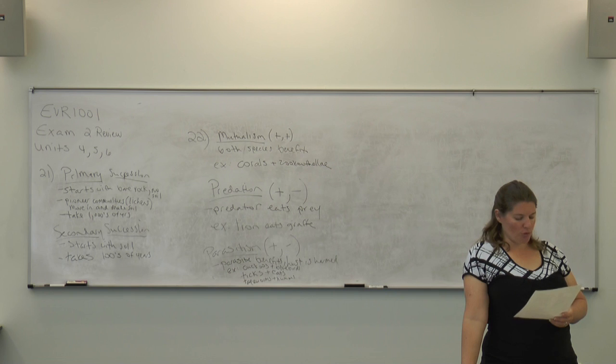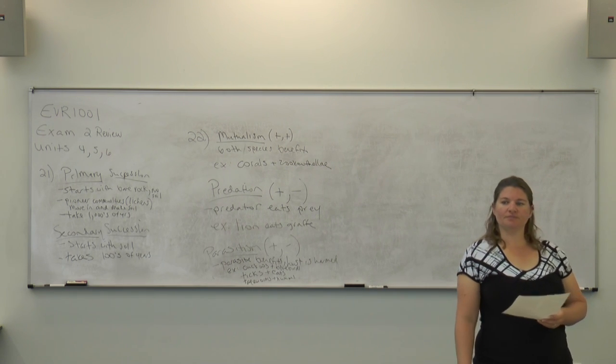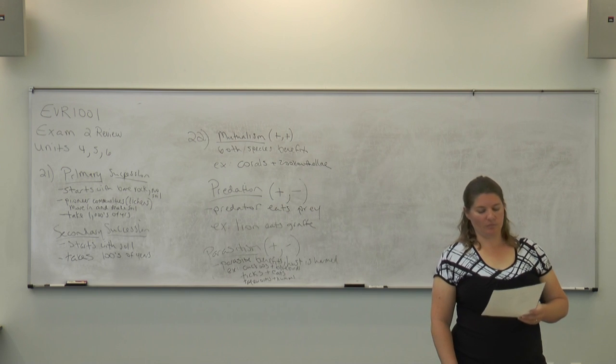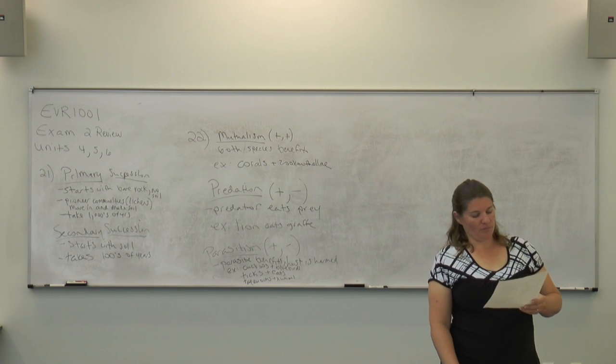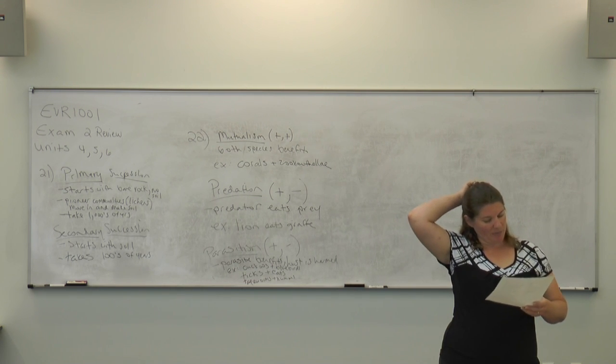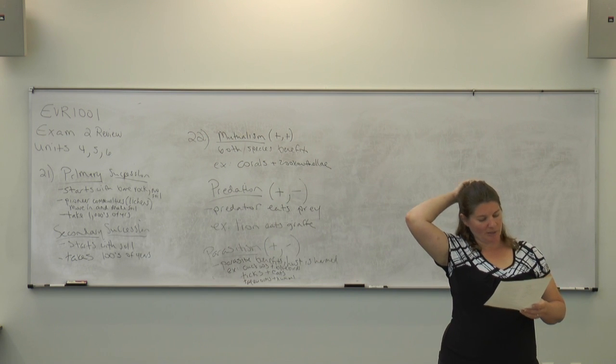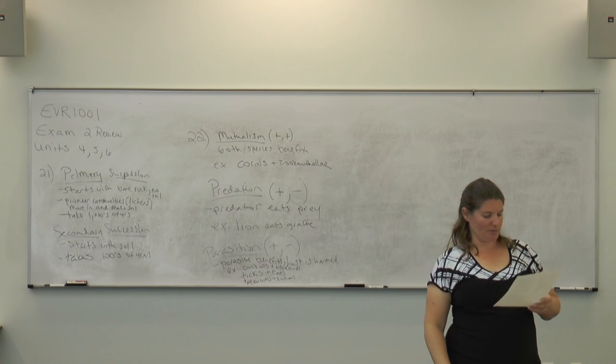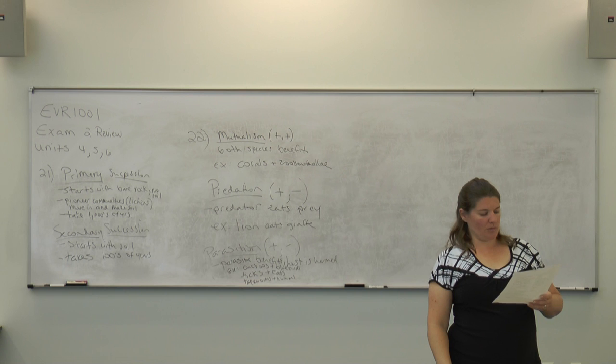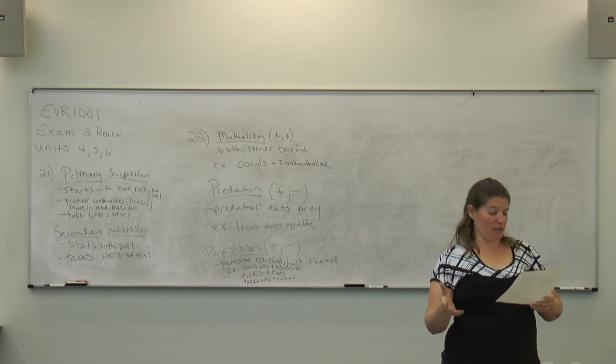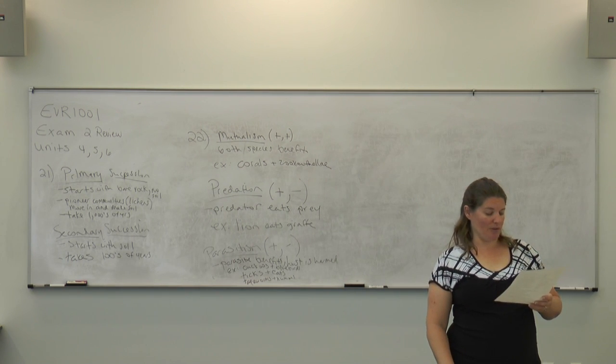Number 4, what's true about a food chain? A can't be right because there are actually fewer organisms at the higher levels. Food chains definitely have to include plants, so letter C can't be right.